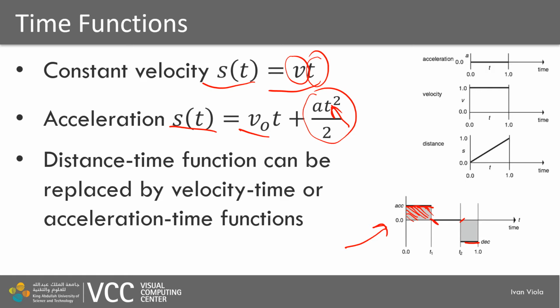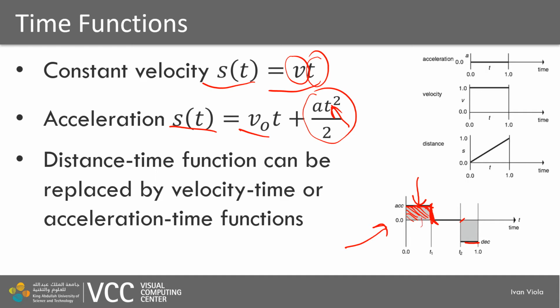So this area here defines what the velocity will be at this position, the velocity reached at the time t1.